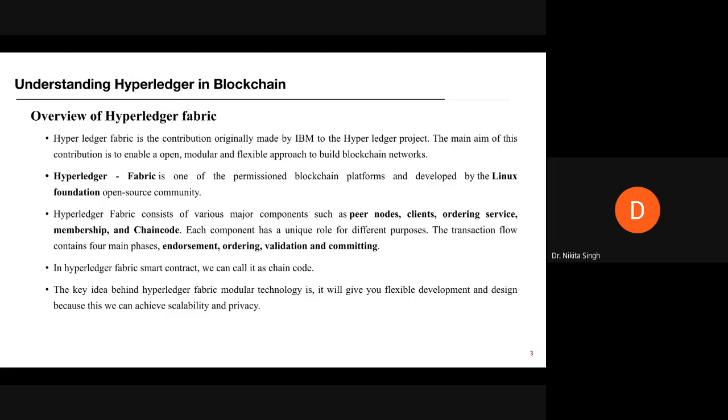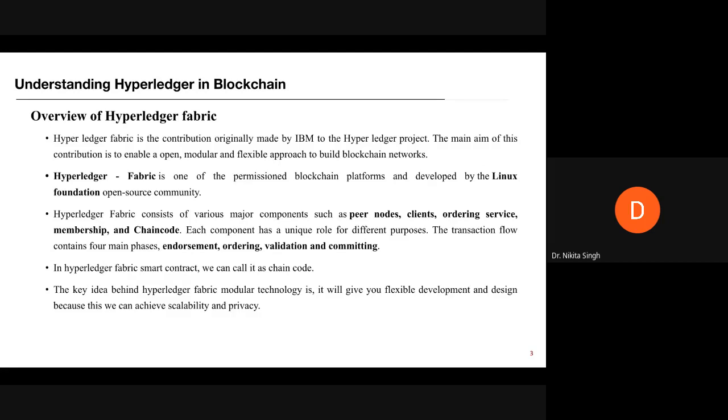So Hyperledger Fabric gives you the functionality of writing smart contracts not just in Solidity but in other general purpose programming languages like Java, Go, and Node.js, and you don't have to constrain yourself to a domain specific language, which in the case of smart contracts is Solidity. So you do not have to write every smart contract in Solidity. You can use the general purpose programming languages that you are familiar with.